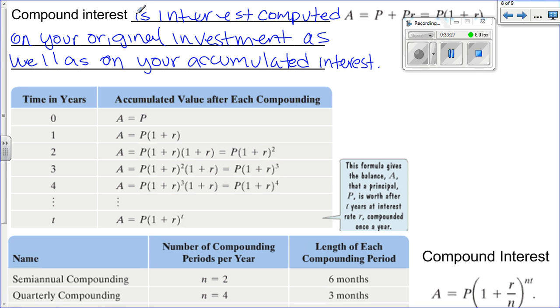So there was another type of interest that you guys probably learned in Algebra 1, and that was called simple interest.